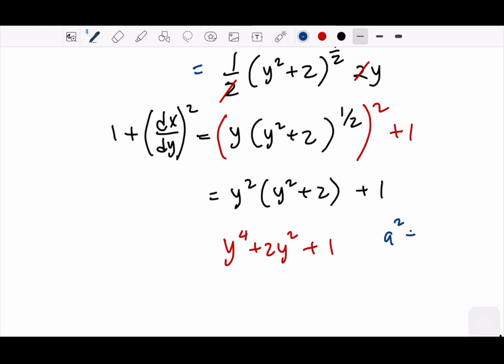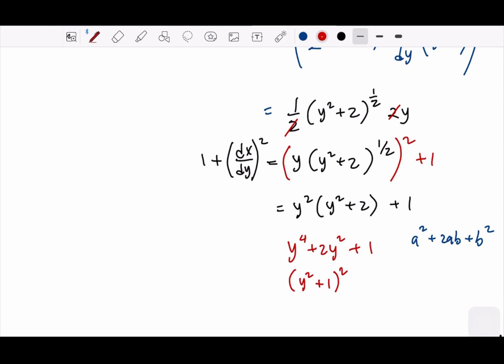So if you have it like this, it's the same, right? So we have (y squared plus 1) squared. Every time you see a square root, in most cases you need to do the simplification by finding the squared form of that expression. That's my tip. Because if you blindly use the formula and the algebra part, you will be confused about how to solve this.